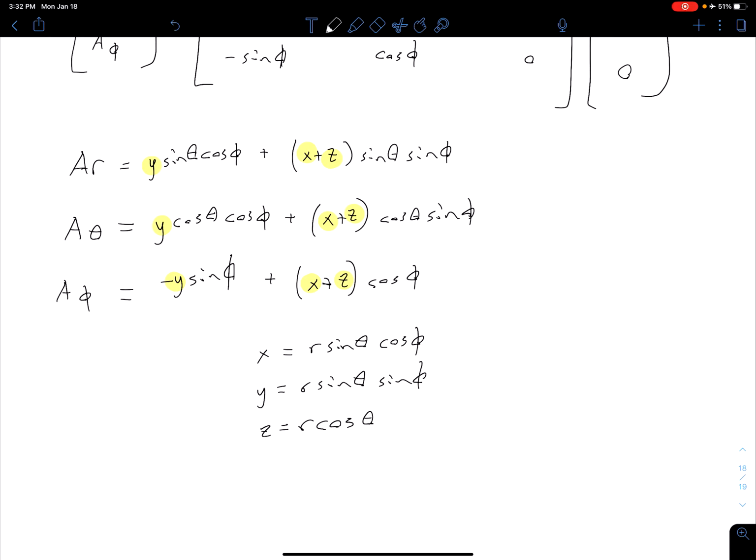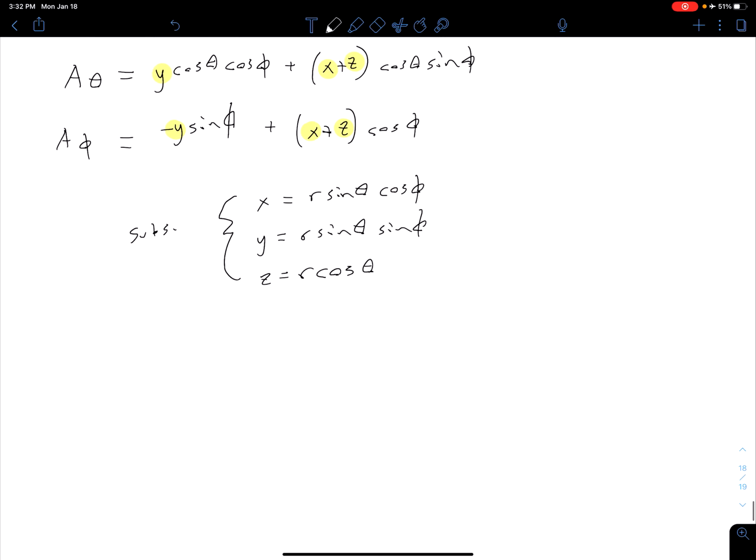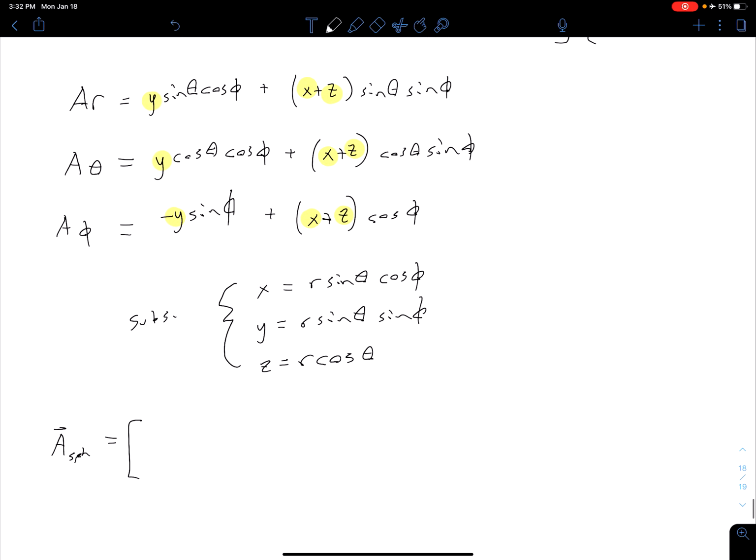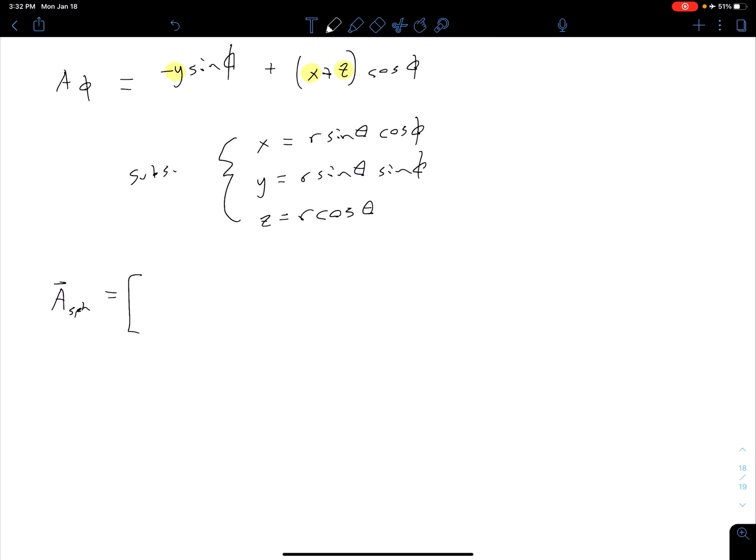If we take these expressions and substitute them in the areas highlighted above, we get something that is truly a mess. So we get our vector A in spherical coordinates is equal to, for our first component, and you can double check by yourself, I'm going to make these substitutions and simplify some terms a little bit.